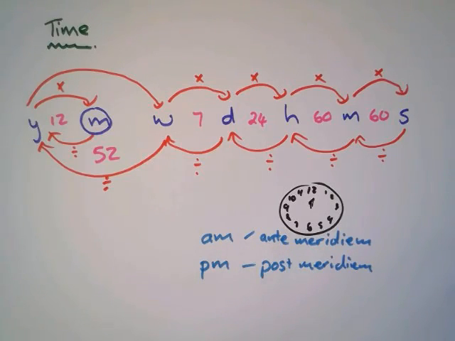Another way that people can remember this is to say AM is after midnight and PM is before midnight. As long as you know AM is in the morning, PM is in the afternoon.